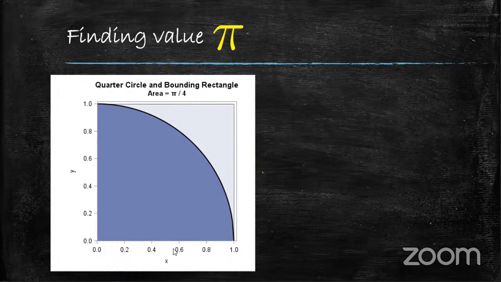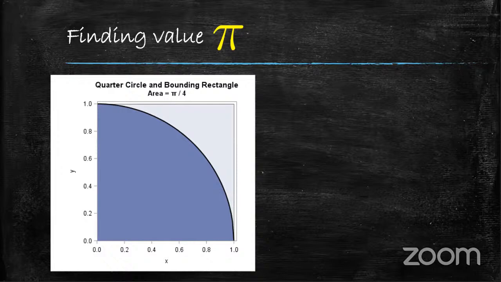Now listen to the logic. If I throw the ball randomly in this square, say 1 lakh times, or 1 million times, what will happen? Because I'm throwing randomly, it can land anywhere. As it can land anywhere, the number of balls landing in any area is proportional to the size of that area.